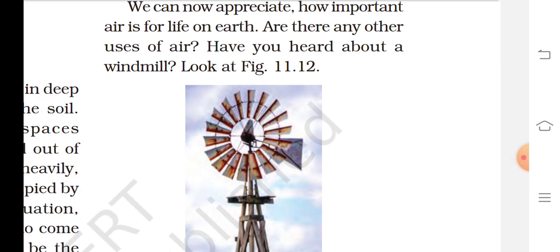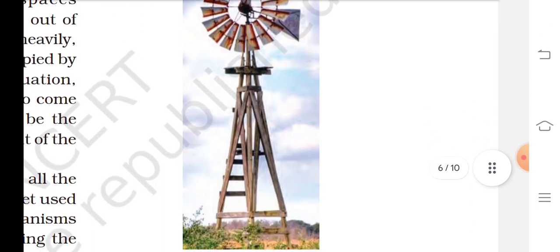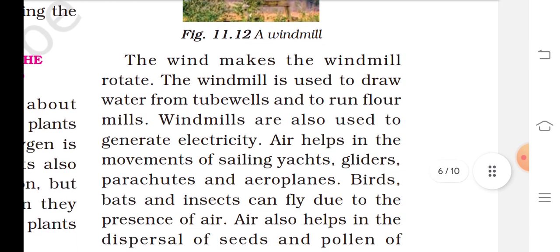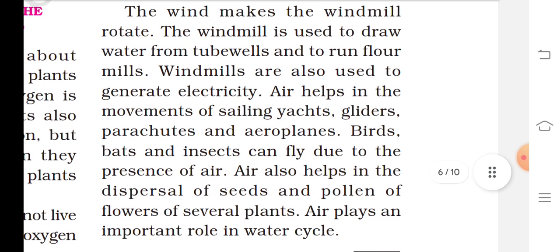Have you heard about a windmill? Look at figure 11.12. Windmill. The wind makes the windmill rotate. The windmill is used to draw water from tube wells and to run flour mills. Windmills are also used to generate electricity.